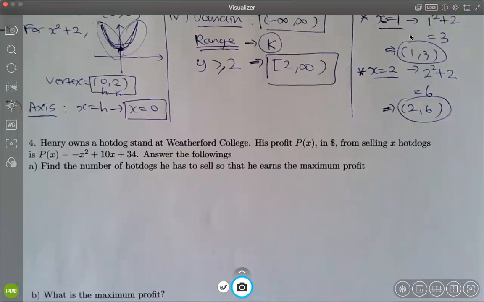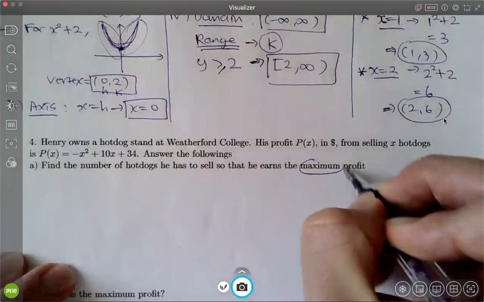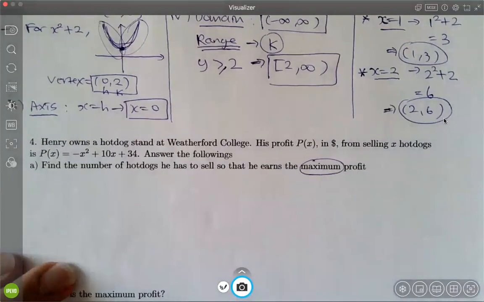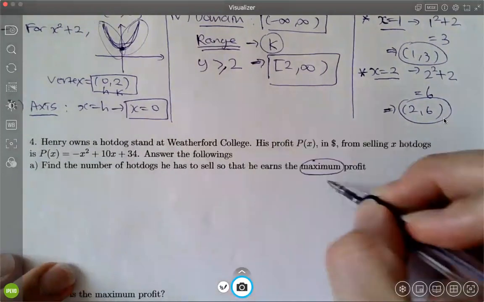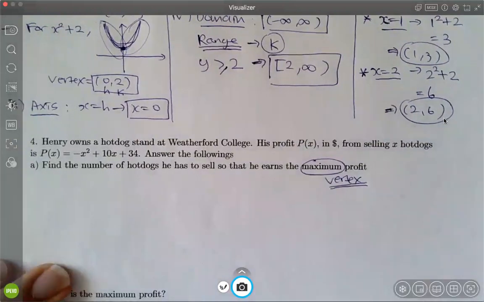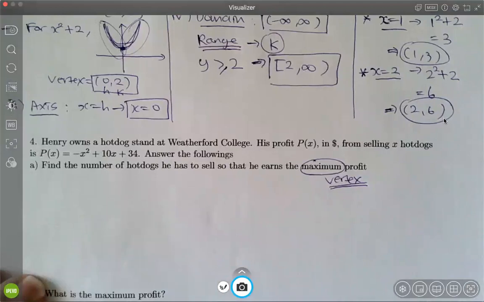Maximum, yes. Now, why is this a keyword? Because in this section, where have we seen the word maximum or even minimum? The vertex. So whenever you see maximum or even minimum, it means the vertex problem. So what does that mean? Find the vertex.